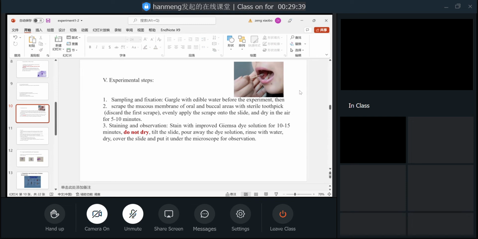But if you scrape with too much force, then you will hurt yourself.